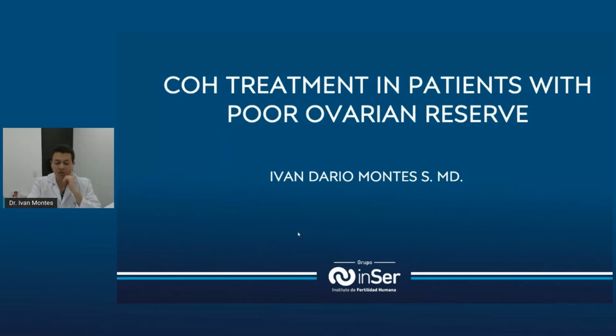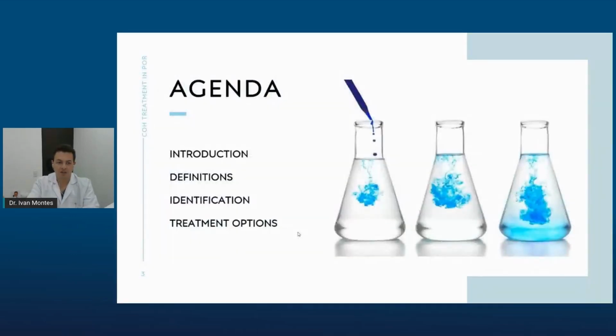And today we're going to talk about controlled ovarian hyperstimulation treatment in poor ovarian reserve patients. This is our agenda for today. I'm going to do the introduction about why this type of patients is very important for us.